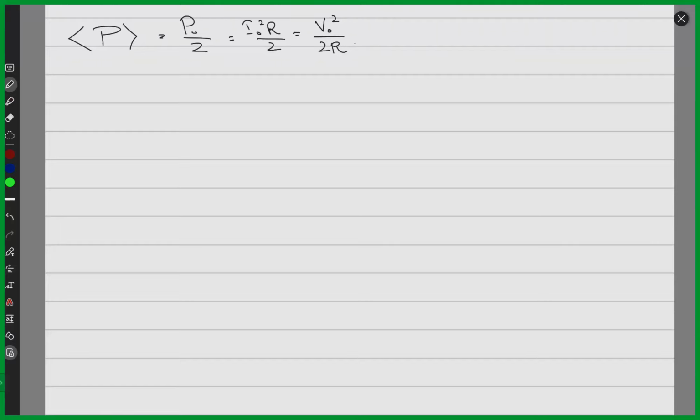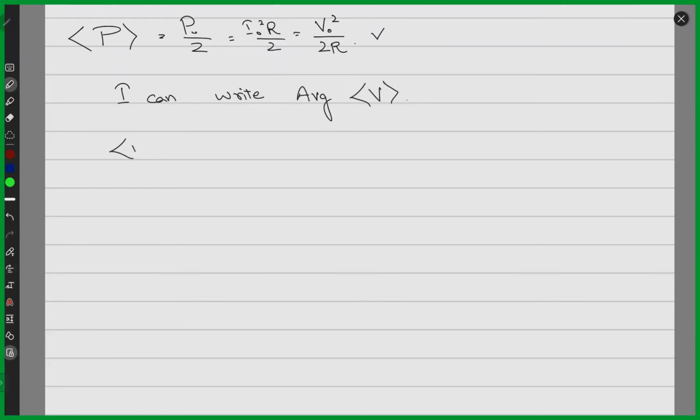From this equation, I can write the average value for voltage, the potential drop, as well. How?